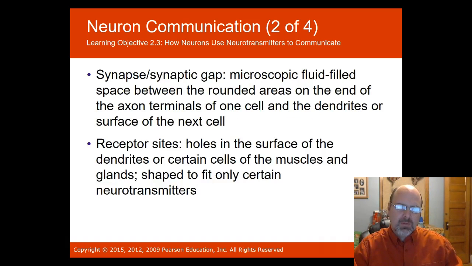The synaptic gap is the microscopic fluid-filled space between the rounded areas at the end of the axon terminals of one cell and the dendrites or surface of the next cell. The receptor sites are holes in the surface of the dendrites or certain cells of the muscles and glands, and they're shaped only to fit certain neurotransmitters.